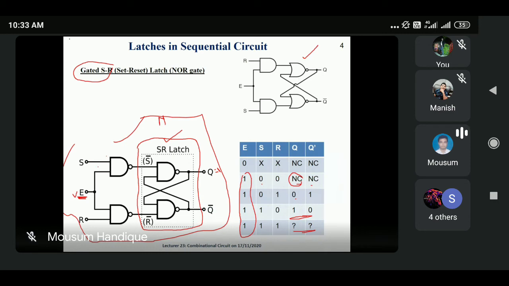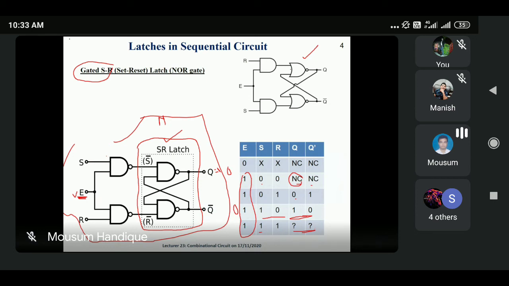You can put the value here, then automatically you get Q equal to 0 and Q bar equal to 1. And when we apply 1 0, Q equal to 1 and Q bar equal to 0. But remember always, when both S equal to 1 and R equal to 1, Q value is 0 and Q bar is 0. That is not true actually. That is not a correct state. That is an invalid state. So here I am using the question mark.